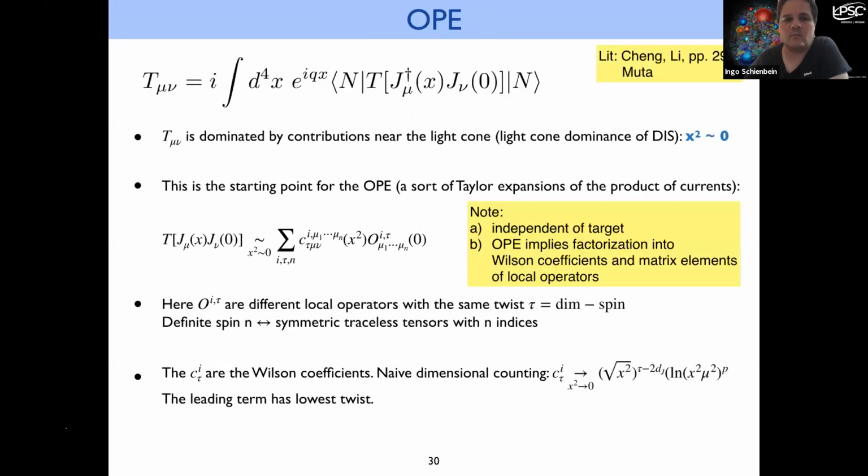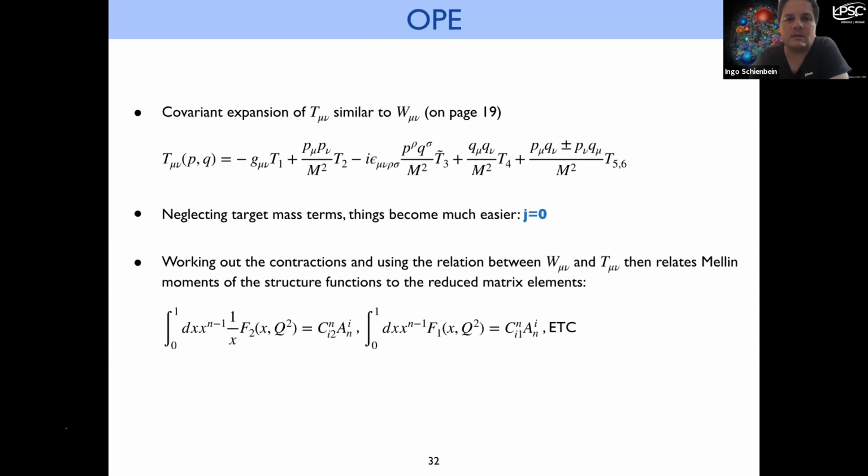And then you have here the expansion in T1, T2, T3, and so on. And then W1 will be essentially the imaginary part of T1. And then you use dispersion relations to relate T1 to W1. And when you evaluate these dispersion relations, you end up at the end with a Mellin transform.